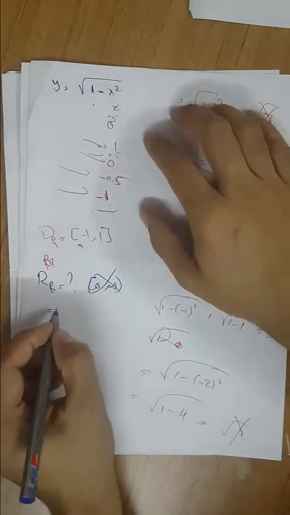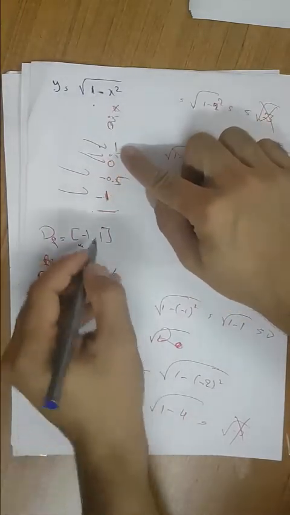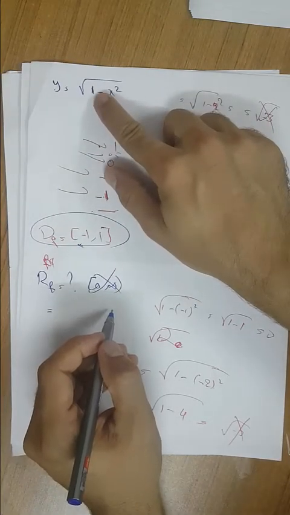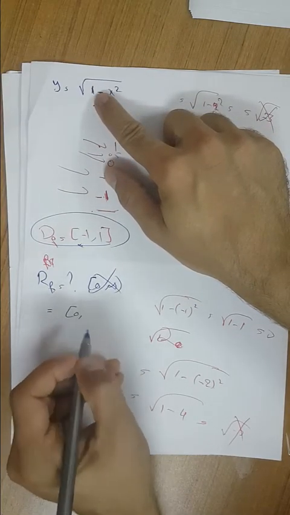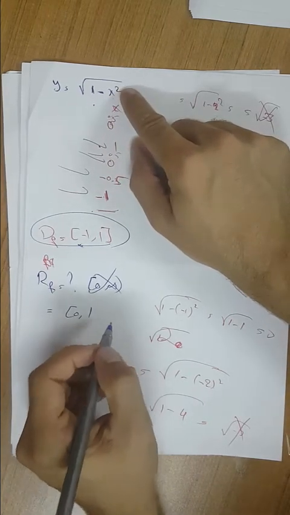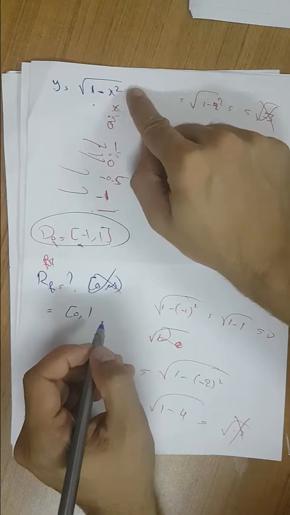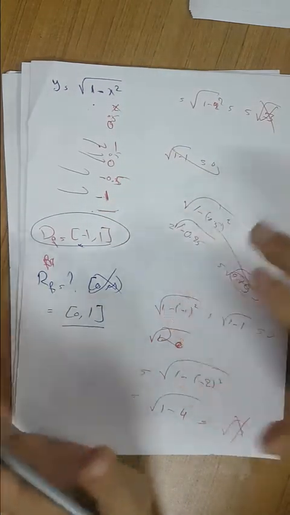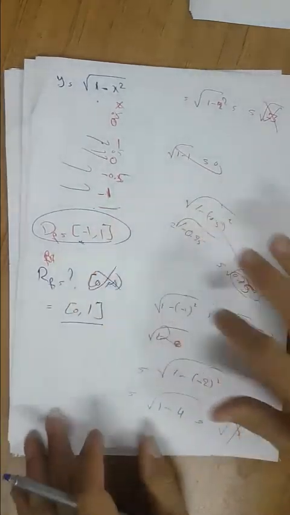If I put 1, here's your input. If I put minus 1, I will get 0. If I put 0, I will get 1. If I put 1, again I will get 0. That's why your range will be bounded, enclosed between 0 and 1.